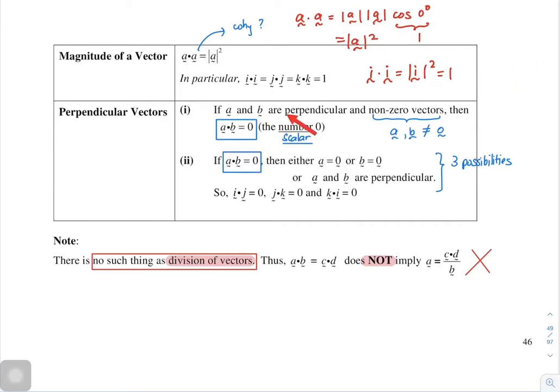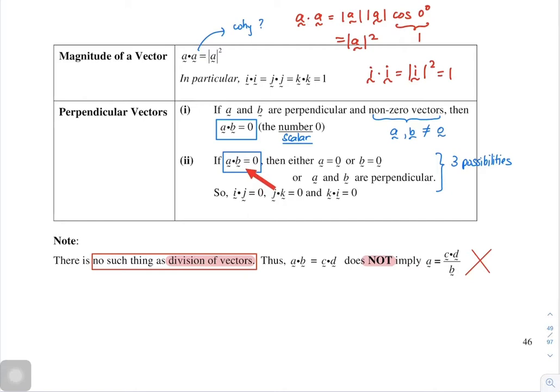Now, perpendicular vectors. If A and B are perpendicular and non-zero vectors, then if we take the scalar product of the two vectors, that is A dot B, we will get the zero scalar.